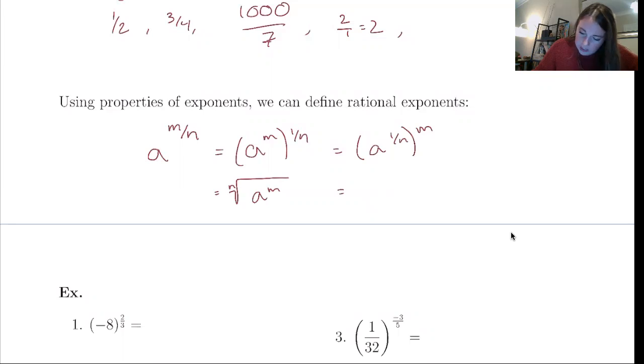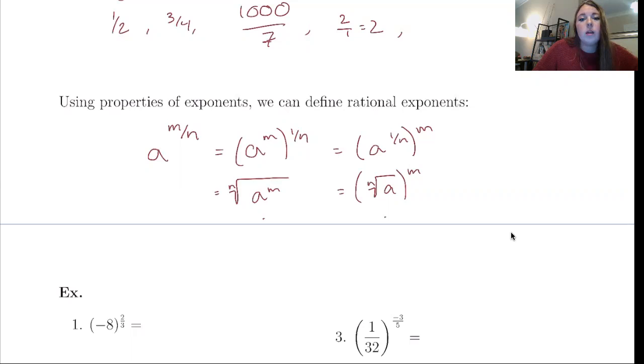And then if I write a to the 1 over n in this third case as a root, the nth root of a, you will need to be careful about when we take even roots. We'll talk about that in a second, because these two things might not necessarily be equal all the time.